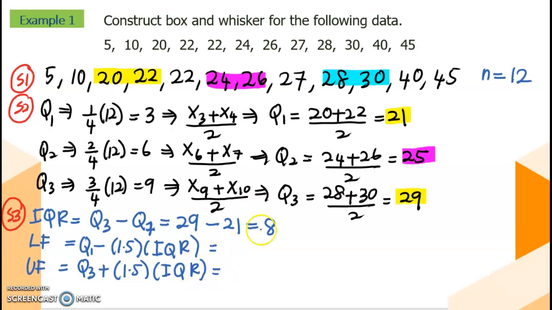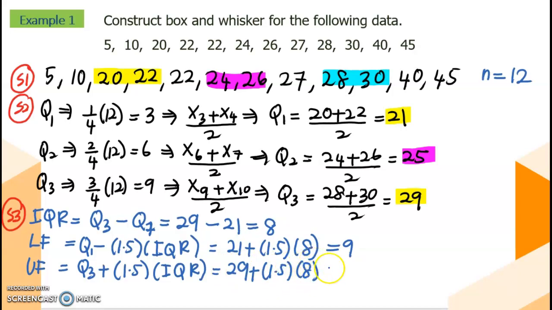So we are going to calculate: 21 minus 1.5 multiplied by 8 gives 9, and the upper fence will be 29 plus 1.5 multiplied by 8, which equals 41. So any data outside of this band, we call an outlier.